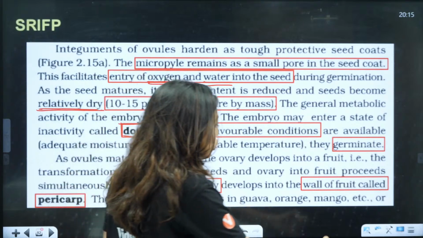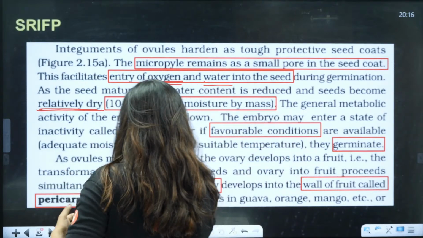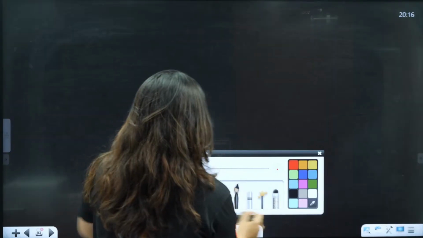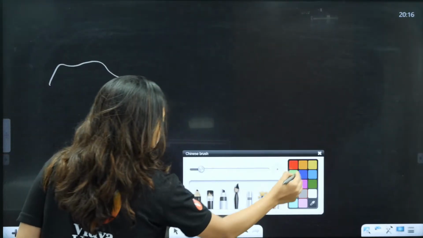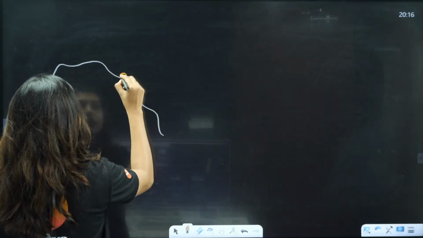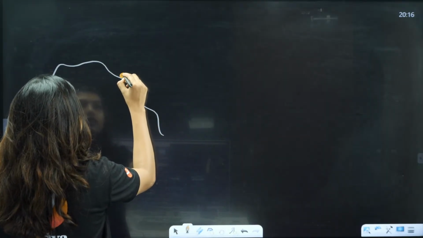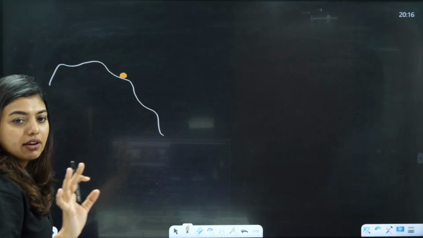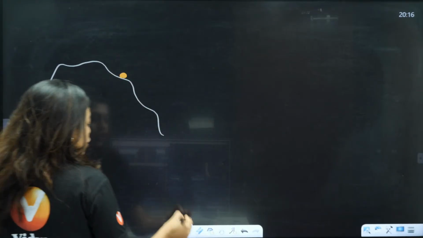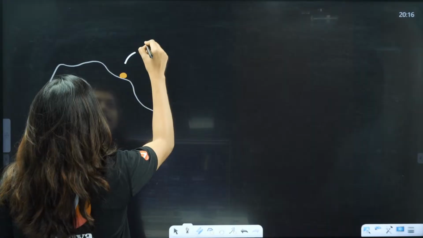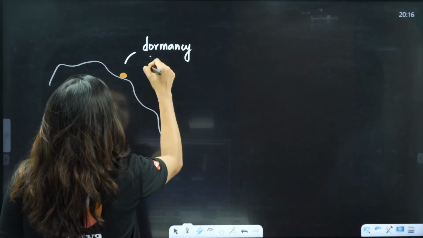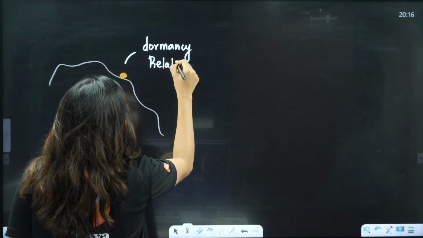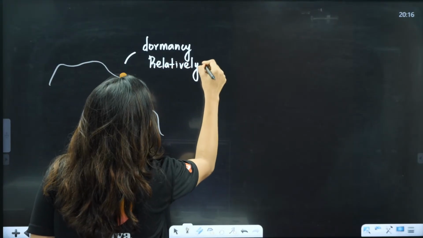Normally, when you look at some rock, let's say a rock like this, one seed has come and fallen. But you will never notice that seed. Why? Because the seed has gone to a stage of dormancy and it is relatively dry.